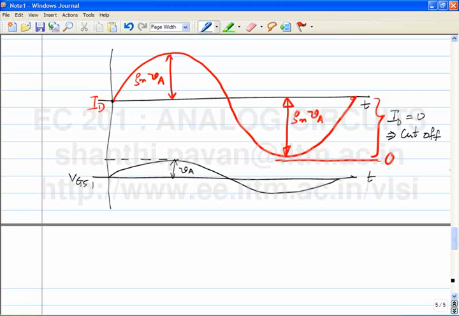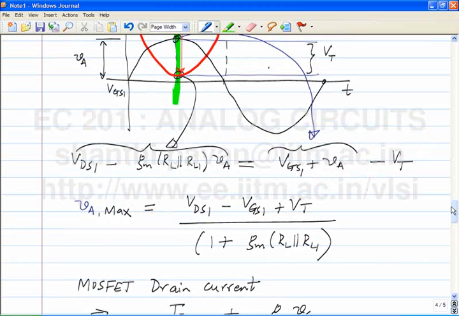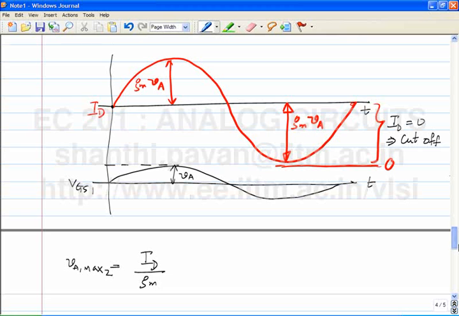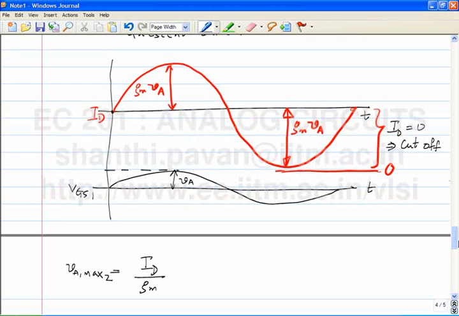How large can VA be while still avoiding the condition ID equal to 0? ID must be equal to GM VA. So ID by GM can be, let me call this VA max 2 and let me call the earlier one VA max 1. So the obvious question is, what will happen if VA is larger than VA max 2? What do you think will happen?